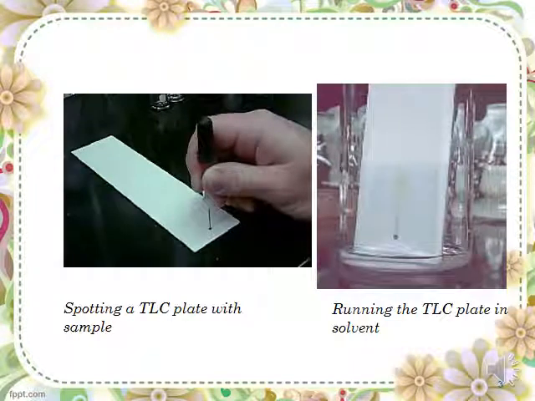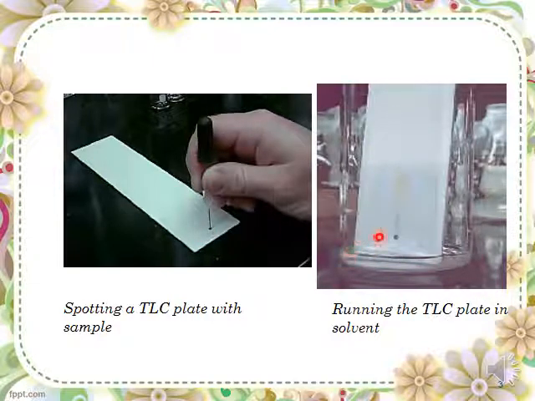This is how we do a thin layer chromatography experiment. I'm sorry you didn't get a chance to do this. This is how you spot the sample on the TLC plate, not too much, because otherwise it leads to a tailing effect. Once we do the spotting, we dip it in a beaker already filled with solvent.